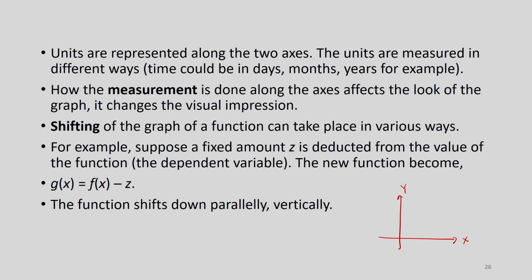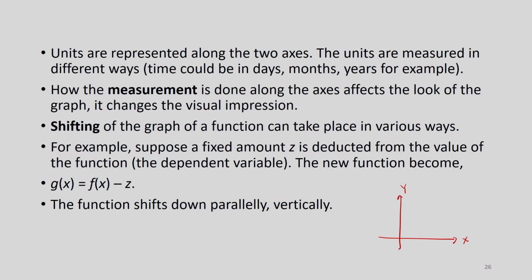For example, time could be in days, it could be in months, it could be years. Or for example, weight, you can measure it in terms of pounds, or you can measure it in terms of grams, kilograms, etc. How the measurement is done along the axis affects the look of the graph. It changes the visual representation.